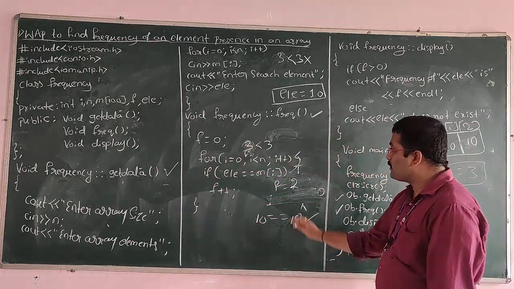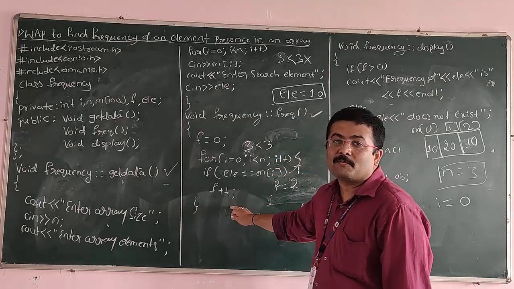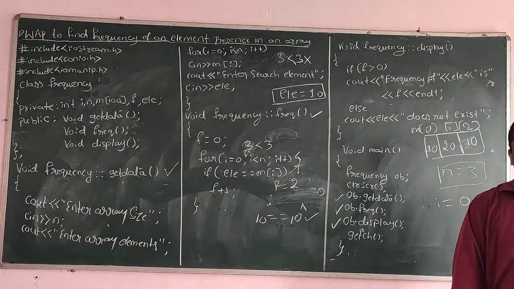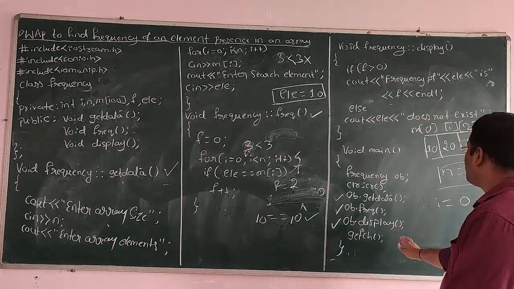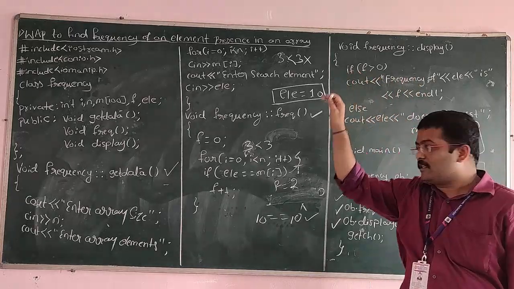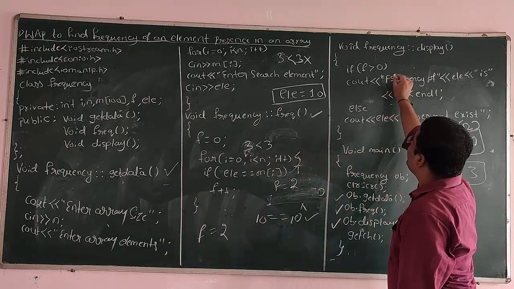The condition becomes false. Here the frequency function comes to an end. The next function is ob.display. If f is greater than 0, the f value is 2, and 2 is greater than 0.